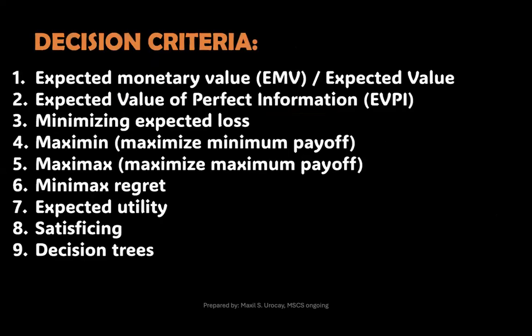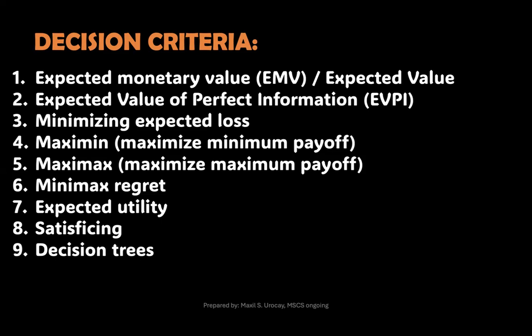These are the criteria that we are going to follow. There will be the expected monetary value, or EMV, or the expected value. There will be the expected value of perfect information, the EVPI. There will be minimizing expected loss.